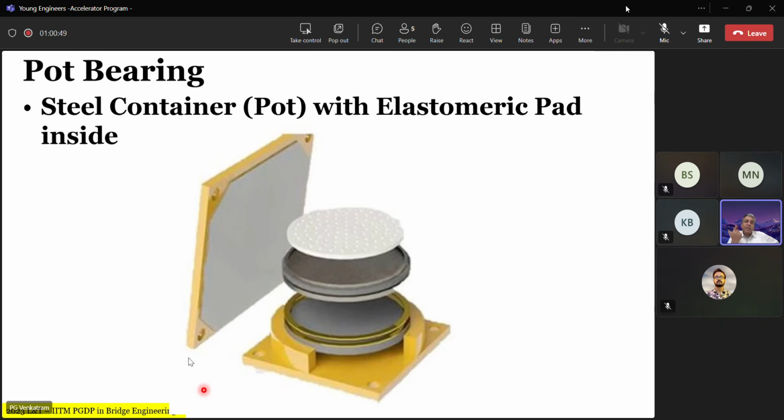High load, why is there high load? After all, I can design any bearing for any load. It's only a matter of getting an appropriate size. Any difference in behavior? I'm talking about the structural behavior of the elastomer. I'm not talking about movement or anything like that. We'll come to that a little later.